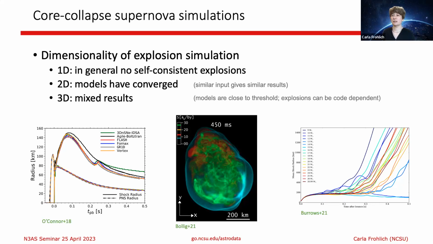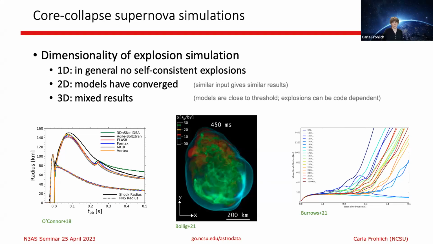It shows the shock radius and the protoneutron star radius as a function of time. And you can see these simulations don't explode. The shock retreats again after about 0.1 or 0.2 seconds. The shock radius decreases. And also you can see that pretty much all of these codes agree. So we have a good agreement and good understanding in 1D, but no explosions.